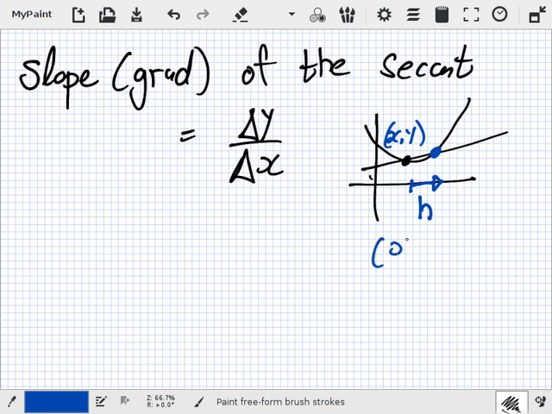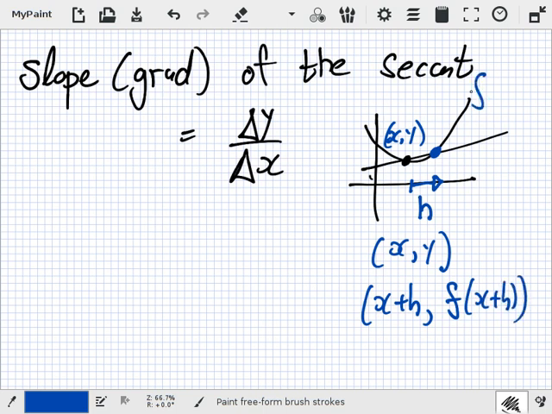So our first point is x, y, and our second point is x plus h, f of x plus h, where this is f of x, which is just y at that value. So as you said, Amjad, yes, this is y2 minus y1 over x2 minus x1.